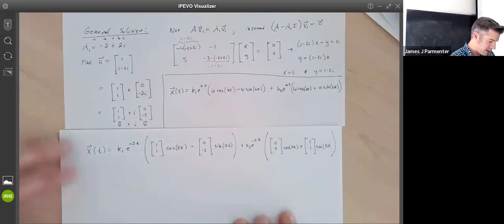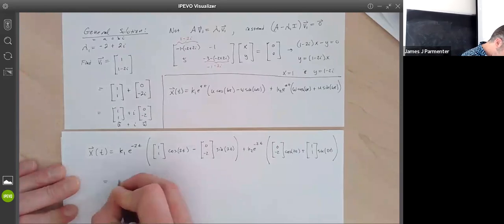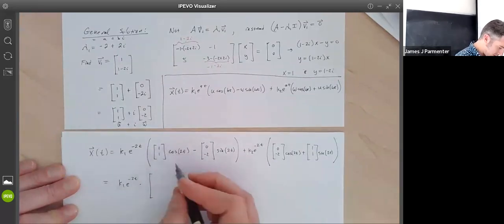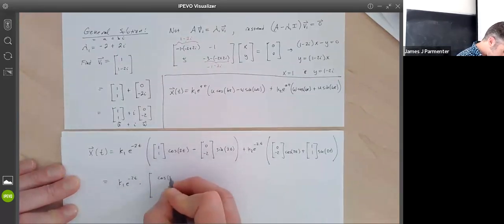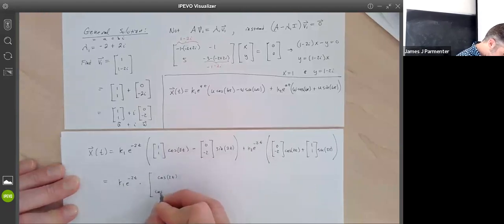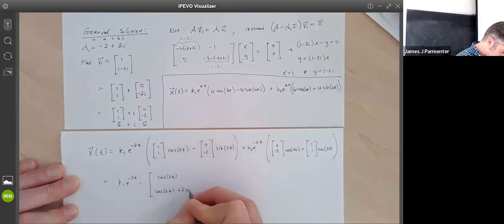And then people typically write this in a more compressed form. We can write this as K1 e to the -2t times the vector. The first component is 1 times cosine of 2t minus 0. The second component is cosine of 2t minus -2, so plus 2 times sine of 2t.